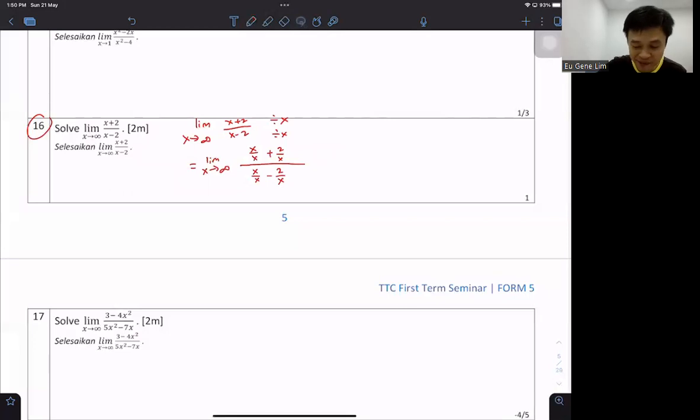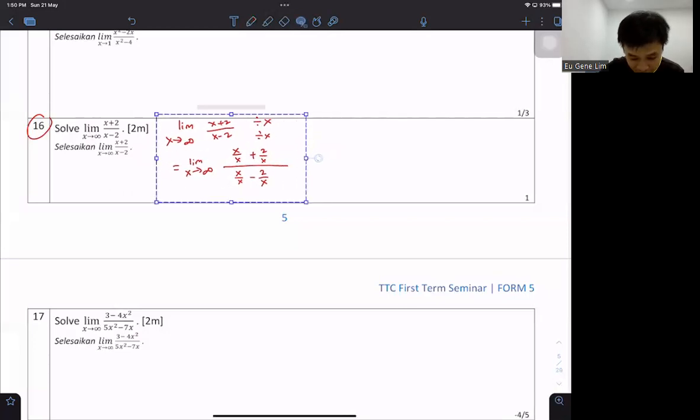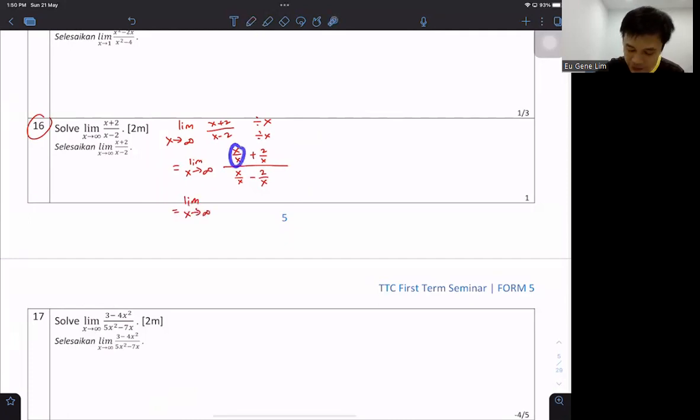You divide first, on top and bottom also divide by x. Then you calculate a little bit. You see, x over x is 1, x over x is 1, right? So 1 plus 2 over x, 1 minus 2 over x.